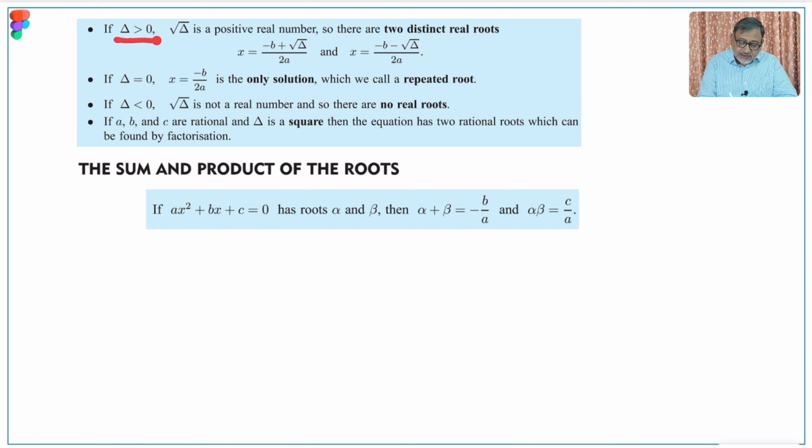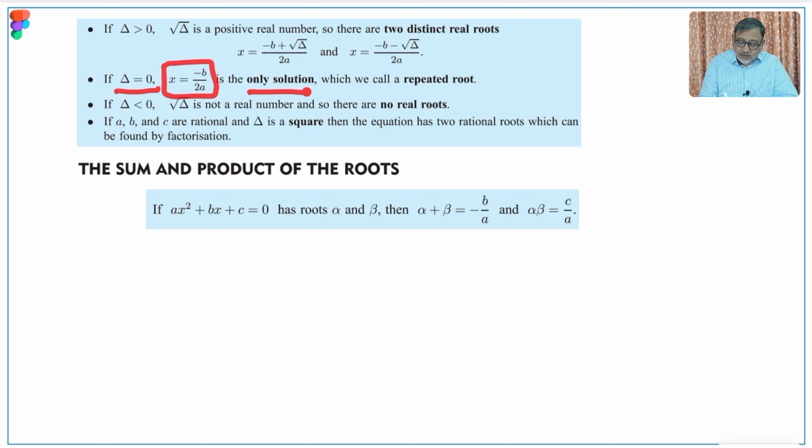So when delta is greater than 0, the square root is a positive real number, and you will get two distinct real roots, one with positive sign, one with negative sign, between -b and the square root of delta. When delta is equal to 0, x is equal to -b/2a.